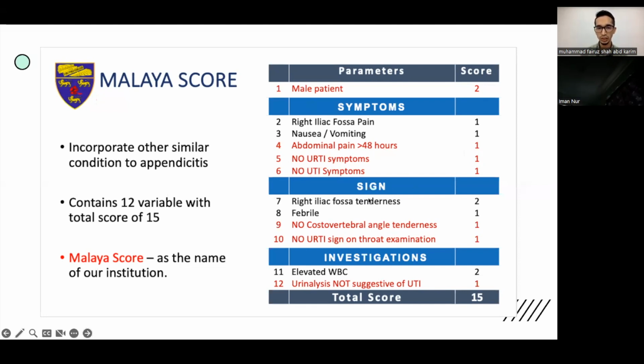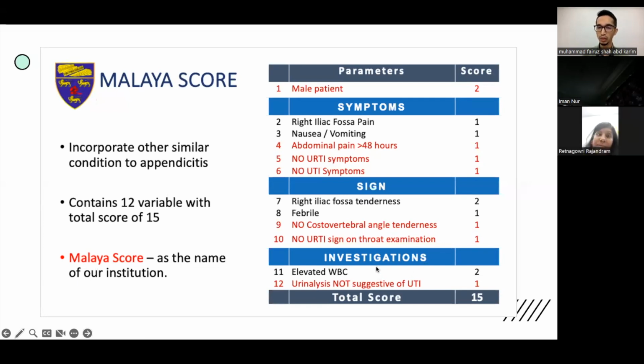And in terms of signs, we asked the clinician to check whether there is any costovertebral angle tenderness, and to check the throat for any sign of inflamed throat suggesting URTI, given an additional score of 1.